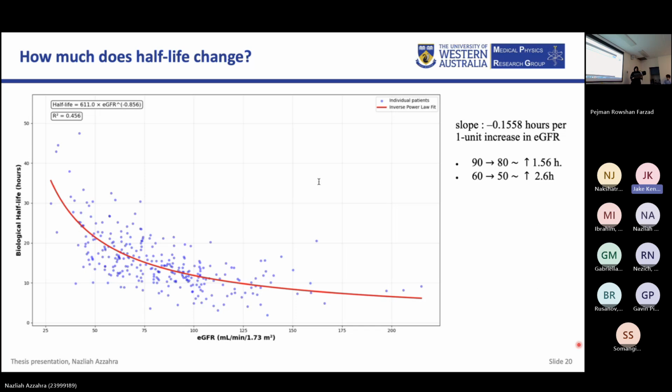And to be able to understand the relationship mathematically, I modeled a fitting curve using all of the data. The red curve over here represents the best fit line that is described by half-life equals 611 times eGFR to the power of minus 0.856.